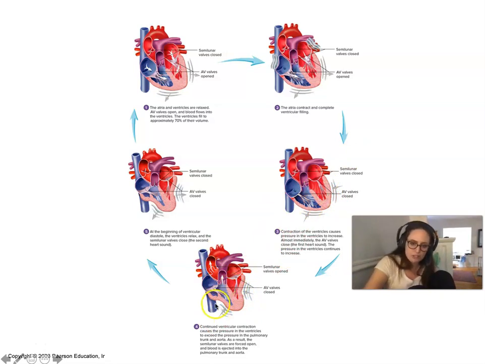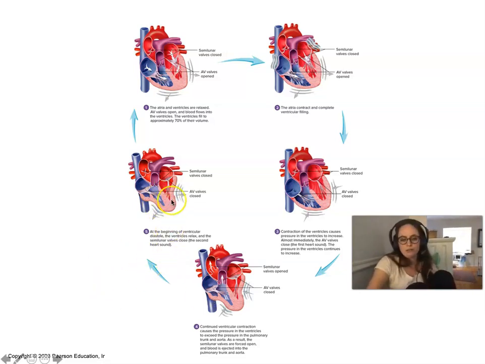In late ventricular systole, the pressure in the ventricles has overcome the resistance in the great vessels, opening the semilunar valves, causing ejection and the maximum amount of pressure in both the ventricles and in the aorta. The AV valves remain closed. This again was detected by the QRS complex and propagated action potentials through those bundle branches and Purkinje fibers.